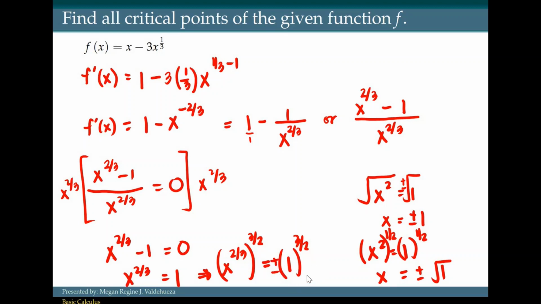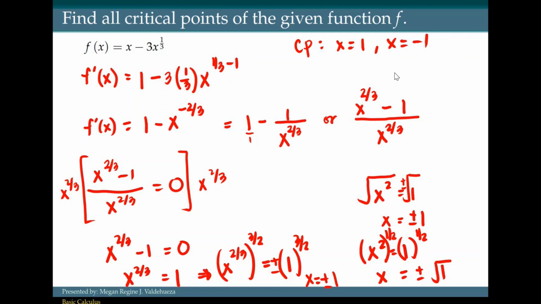So that will give us x equal to positive negative, we have 1 cube is 1, square root of 1, 1. So still, we have two values of x here. We have positive 1 and negative 1. So we have critical points, x equal to 1, x equal to negative 1.